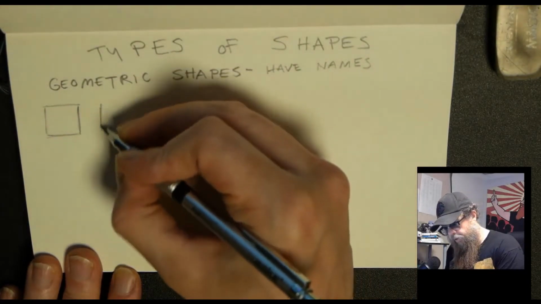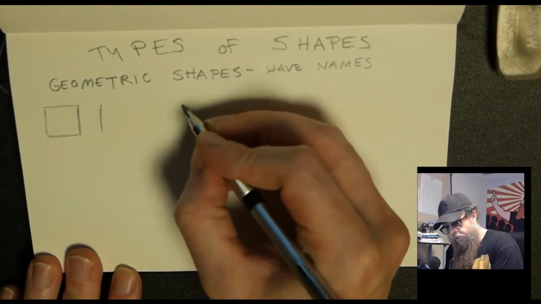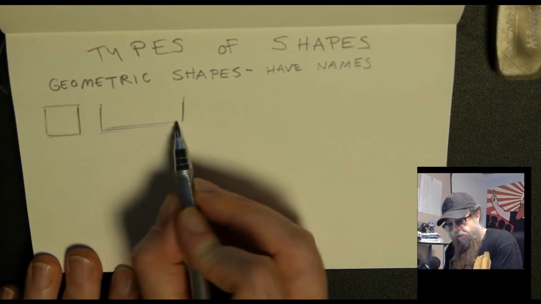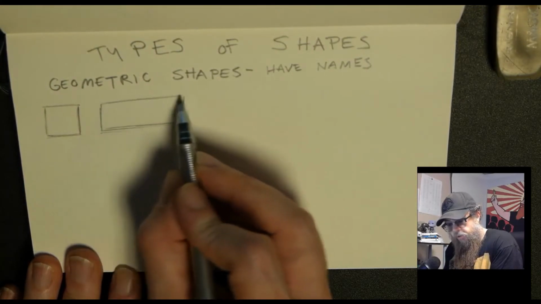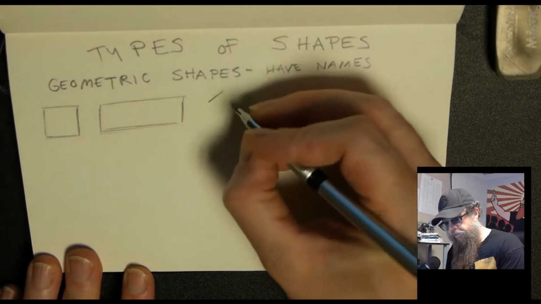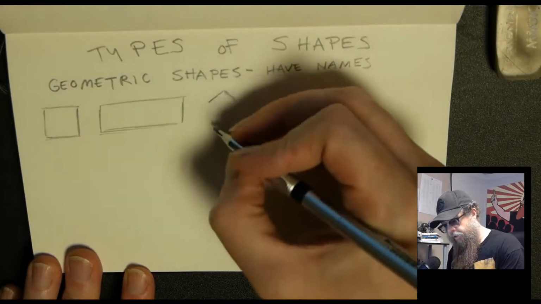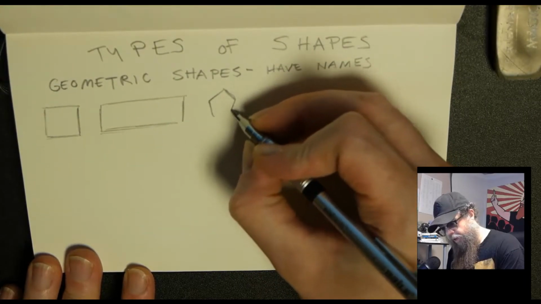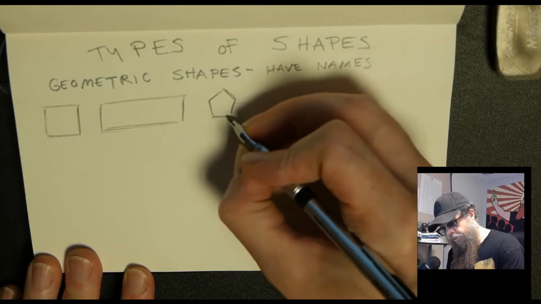Now, two sets of even sides, and four 90-degree angles, we have ourselves a rectangle. Pentagon, it's got 5 sides, kind of like a house shape of tilted walls coming in.